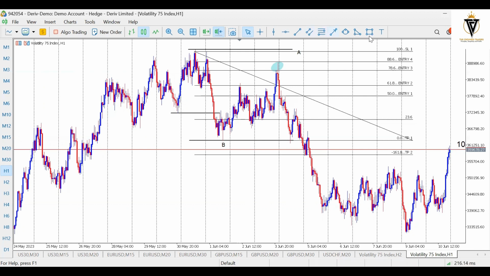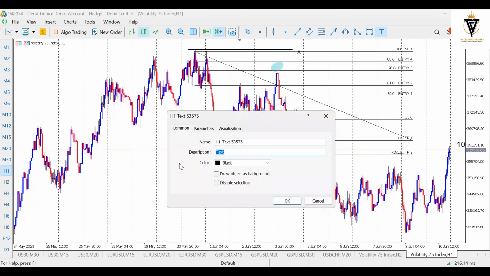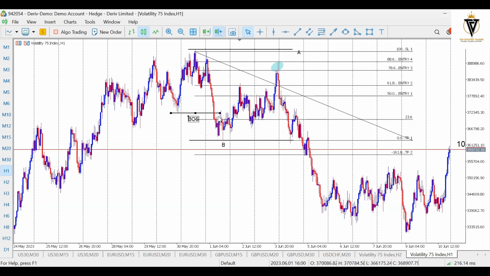Okay, so these are BOS that confirm that price is going to the downside, and price respected that and also flowed to the downside, and Fibonacci gave us our entry that told us that we are coming to the downside already, and it was taken.